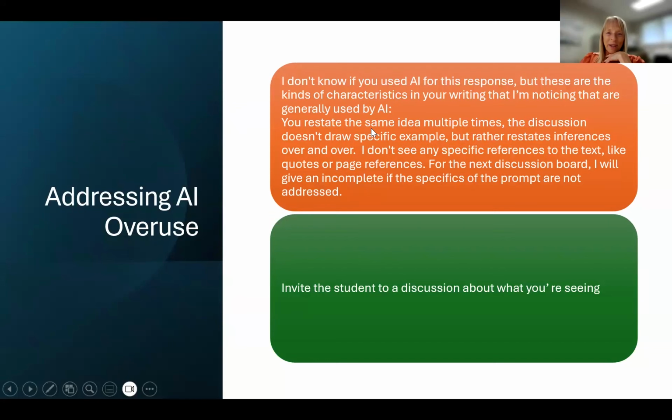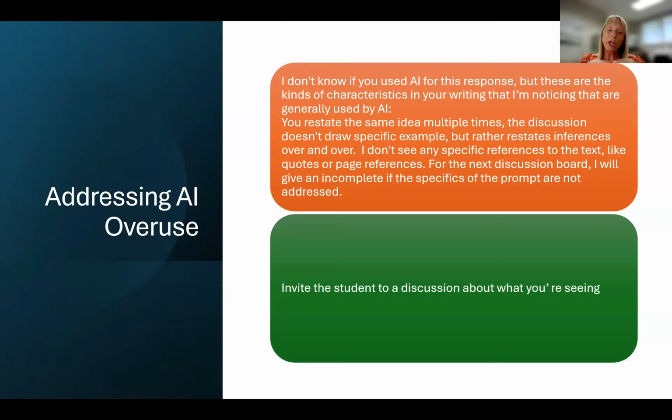And then we've got addressing AI overuse. While we're encouraging them to use it and teaching them how to use it in ethical ways, there is this possibility that they might overuse it. So we cannot accuse students of using it.